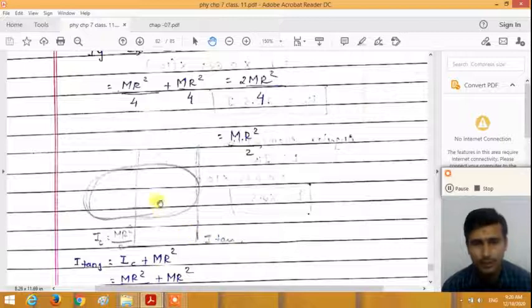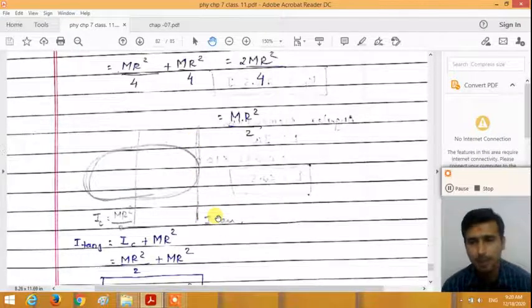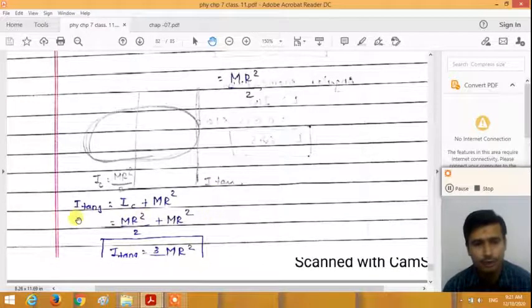Now we know that the moment of inertia of the disk about the axis passing through the center IC is equal to mr square by 2, and we require to find the moment of inertia about the tangent. We use the parallel axis theorem. So according to the parallel axis theorem, I tangent is equal to IC plus mr square.